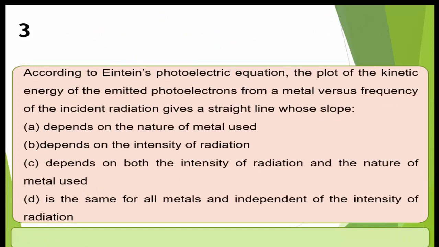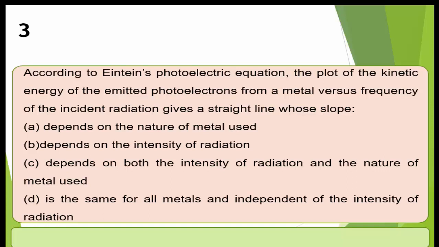The third problem: according to Einstein photoelectric equation, the plot of kinetic energy of the emitted photoelectron from a metal versus frequency of the incident radiation gives a straight line whose slope... I have already discussed this in the synopsis.